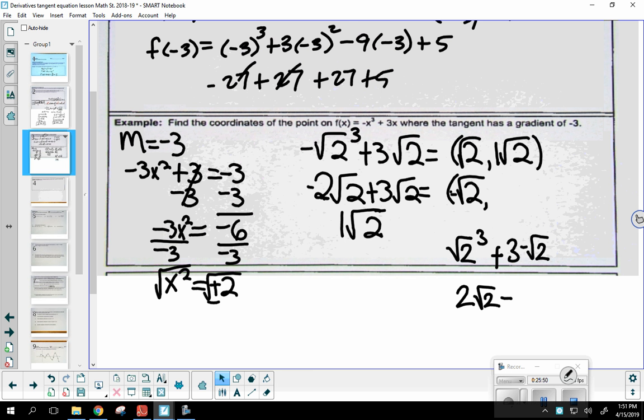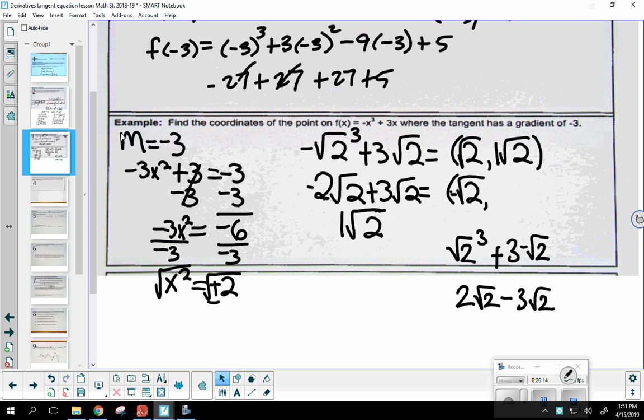Minus what? 3 square root of 2. And what would 2 square root of 2 minus 3 square root of 2 give me?